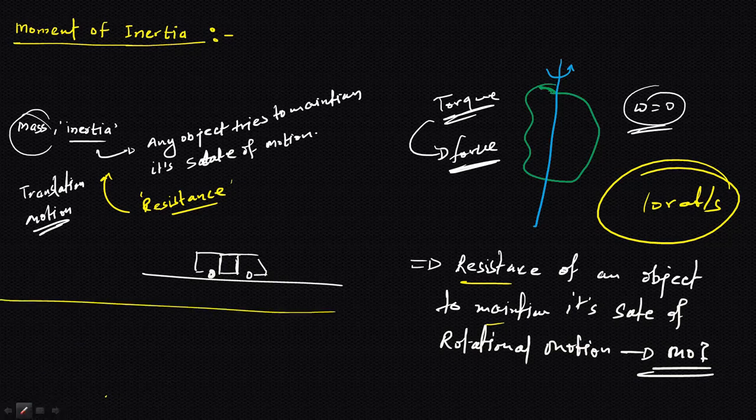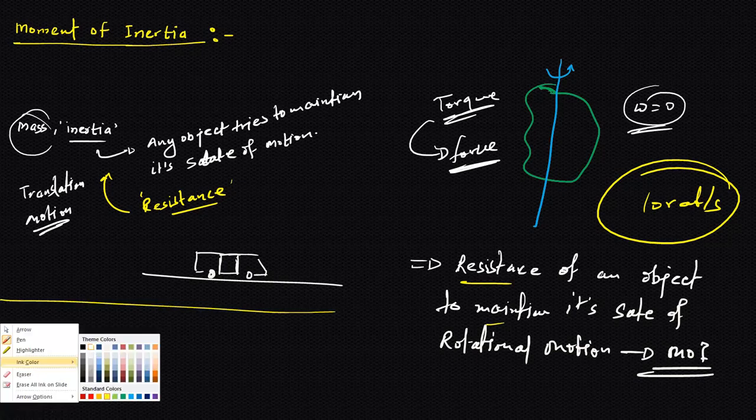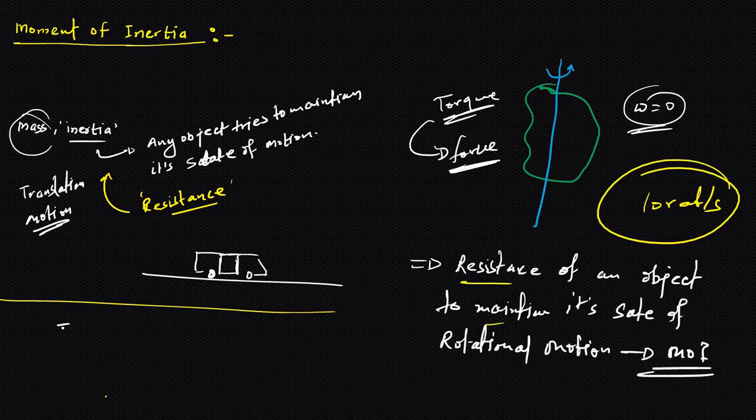Moment of inertia is defined for a point mass as I equals m r squared, where m is the mass of the point mass and r is the perpendicular distance from the axis of rotation.